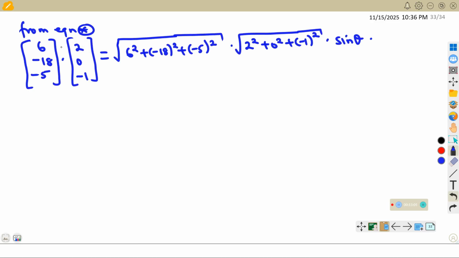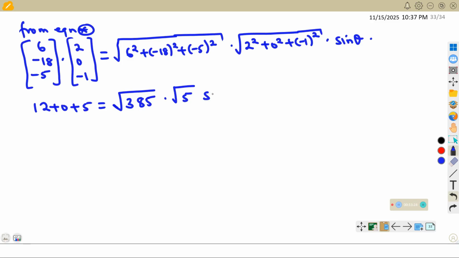So let us simplify this. The left side will be 12 plus 0 plus 5, which is 17. Simplifying the magnitudes, we get the square root of 385, and 2 squared plus 1 squared gives us the square root of 5, multiplied by sine of theta.